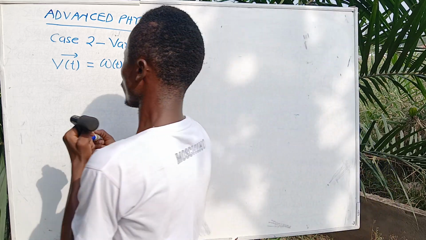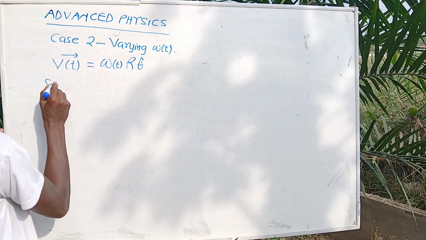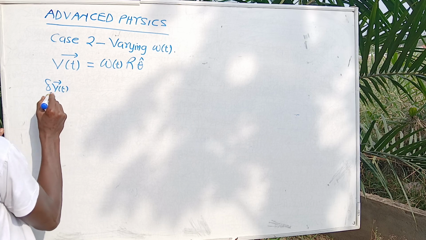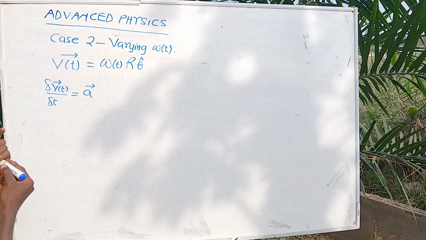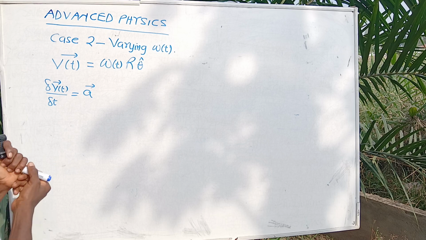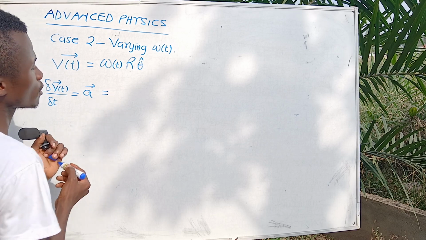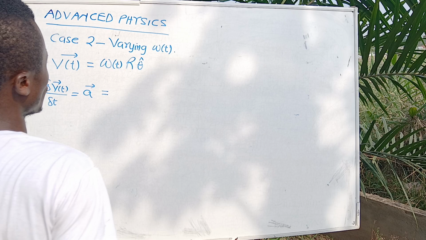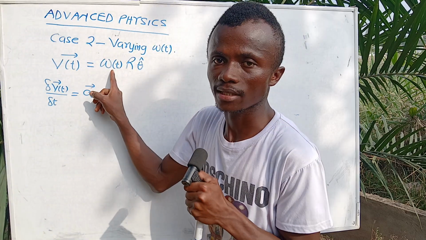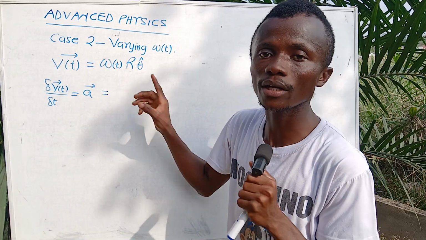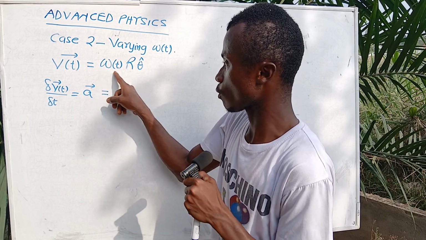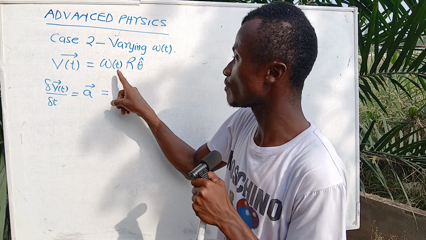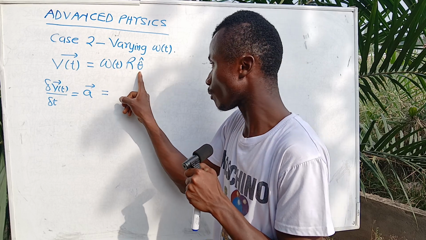The derivative of the linear velocity, you would recall, is equal to a linear acceleration. And this time around, this is not a constant, this too is not a constant. The only constant here is the radius of the circle. So the derivative of this quantity is going to be the derivative of this and the derivative of this one.